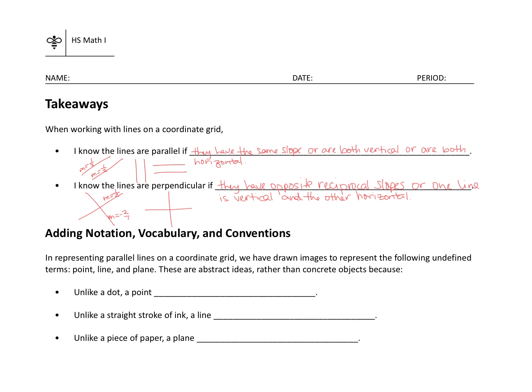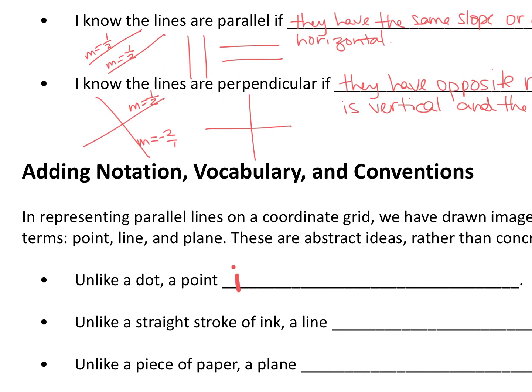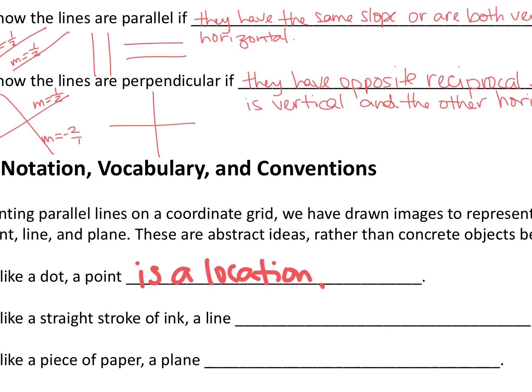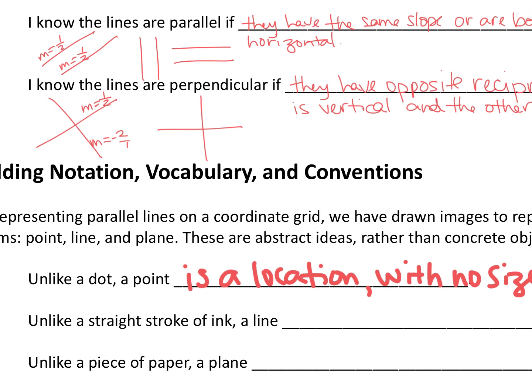A point is just a location with no size. So if I say point A is at (2, 2), it's just the point at that spot. It doesn't have any size.